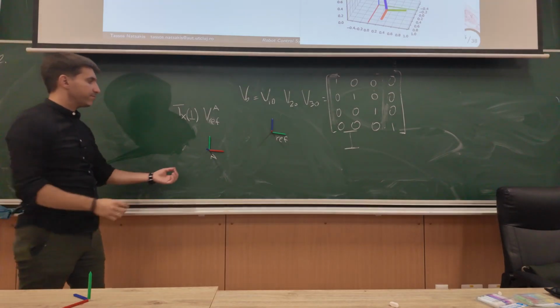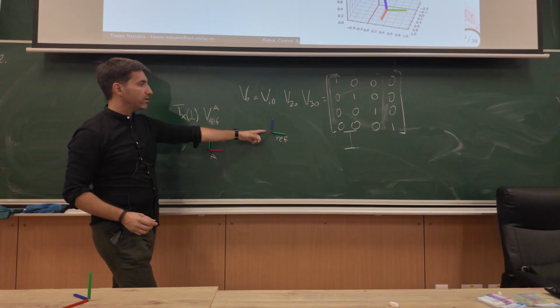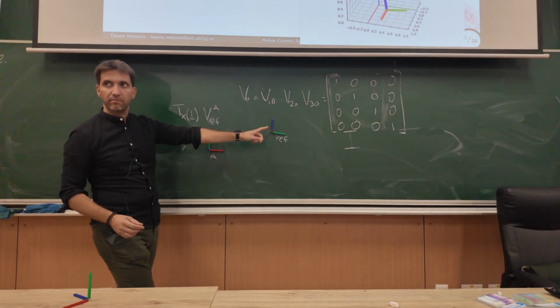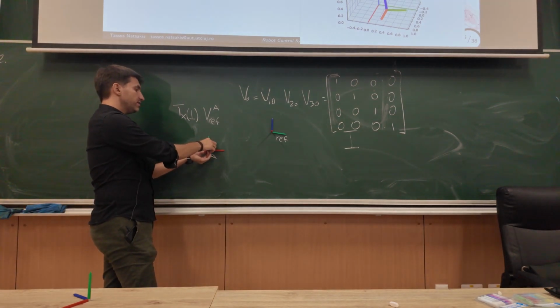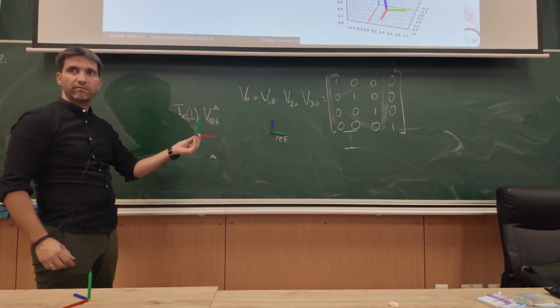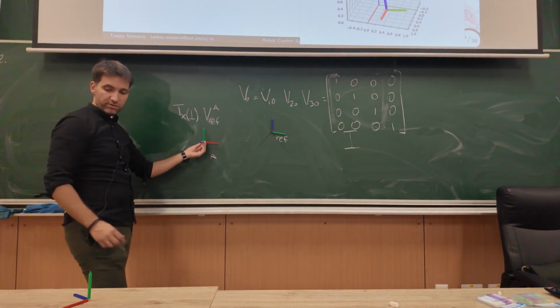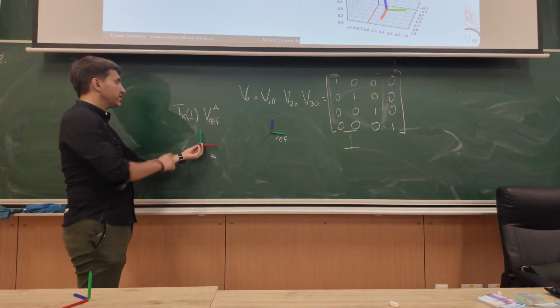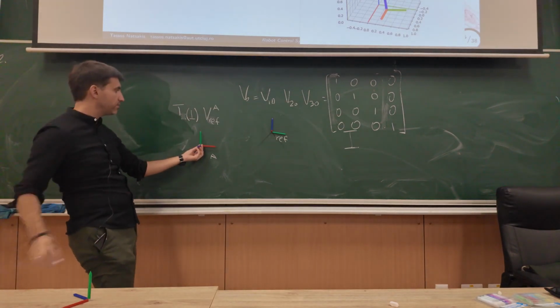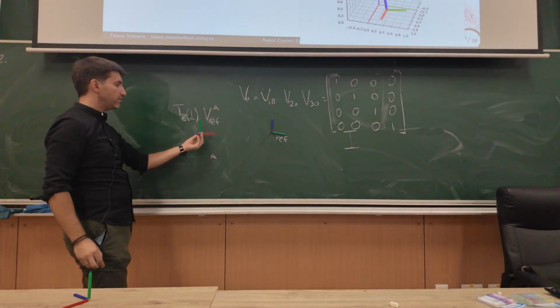What will happen then? I will basically translate along the reference X, so I will do something like this. If I do a translation on Z, then I will do something like this.